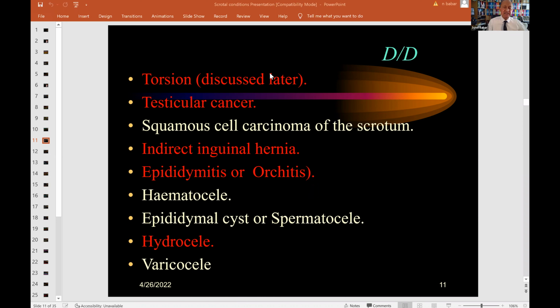There are skin conditions such as squamous cell carcinoma of the scrotum, indirect inguinal hernia, isolated epididymitis or isolated orchitis, hematocele if there has been a recent injury, epididymal cyst or spermatocele, hydrocele or varicocele, which is exaggeration and incompetent valves of the pampiniform plexus of veins surrounding the spermatic cord, and then coming over to the upper part of the testicle.